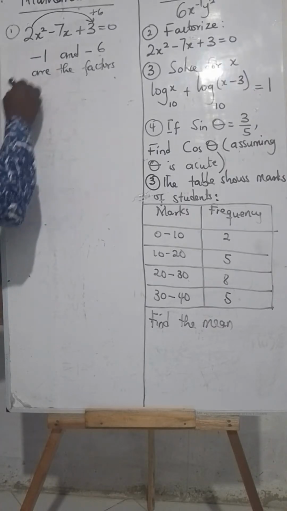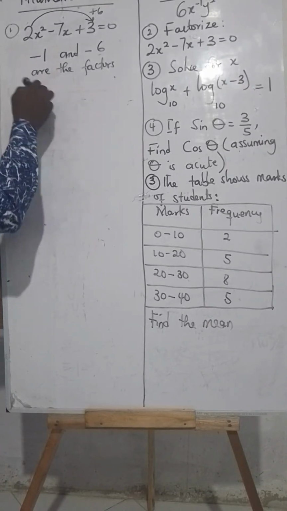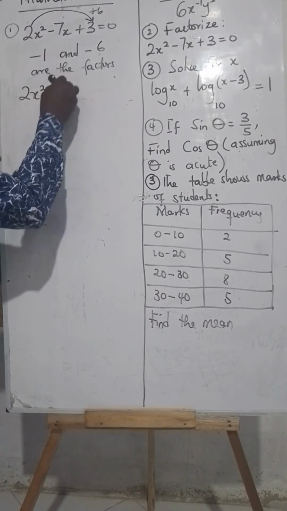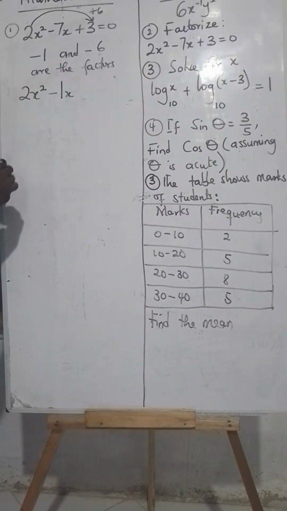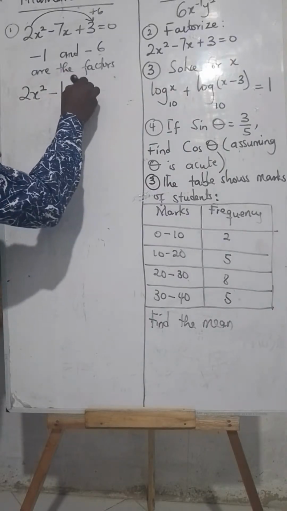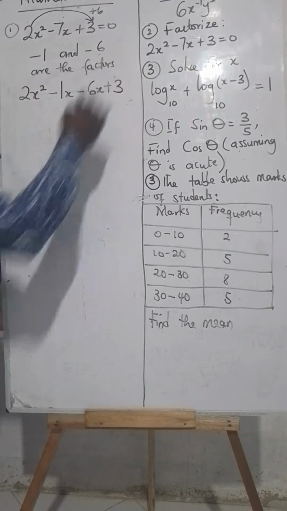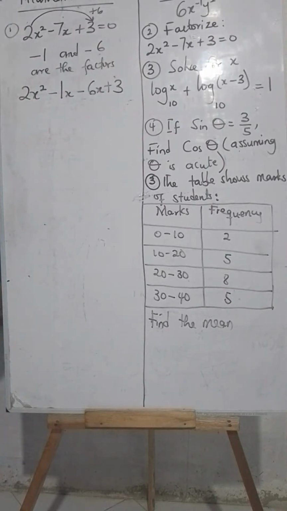So now you have 2x squared, then you have minus 1x, so you attach x to this. You have minus 6x plus 3. So now it becomes factorization involving 4 expressions here.